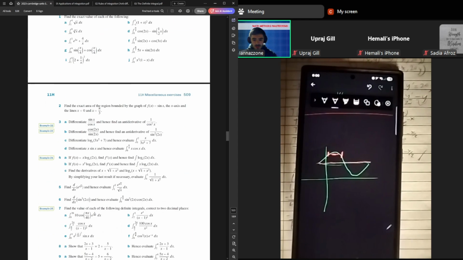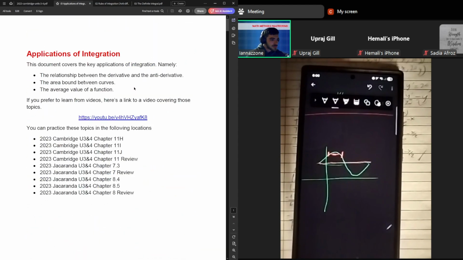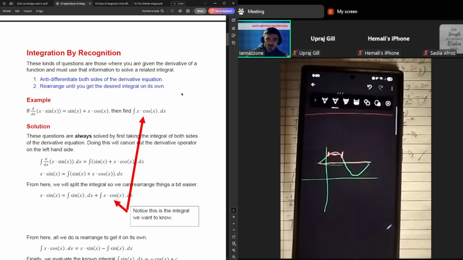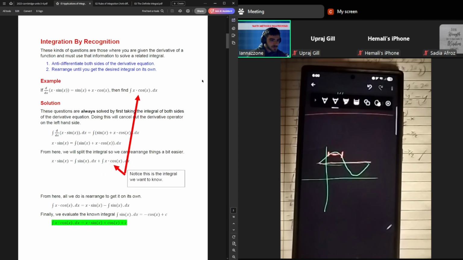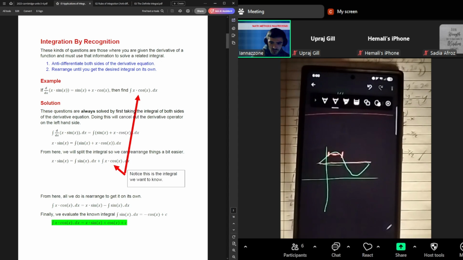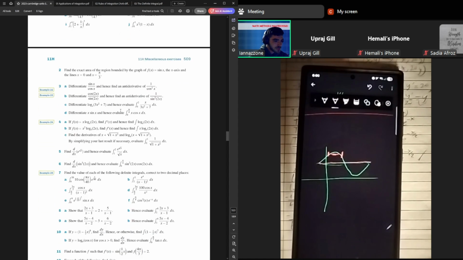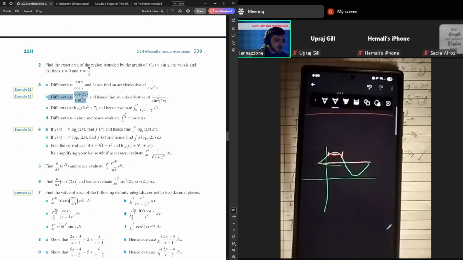Okay. The first one we'll do is we'll have a look at that first scenario where you've got a derivative antiderivative relationship. So I'll do a screenshot of that whole thing and put that in the chat so you can refer to it, and we'll try and do one of them live.